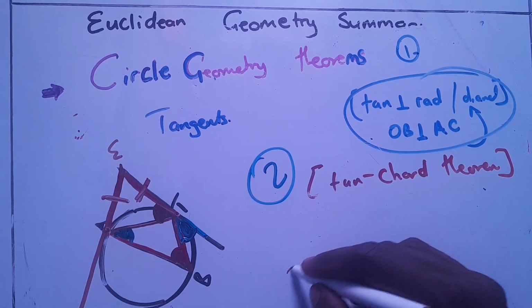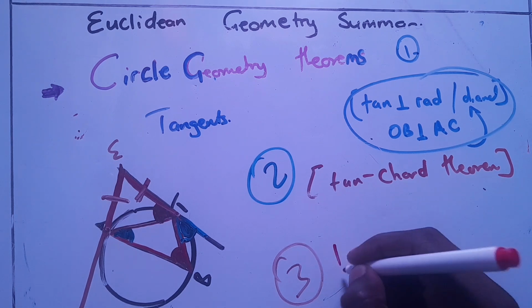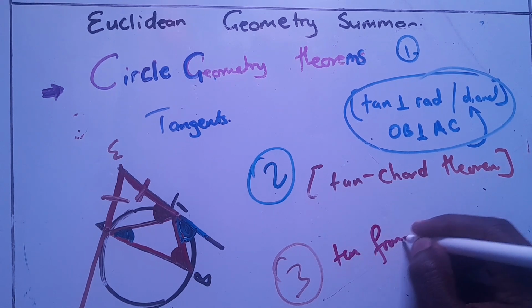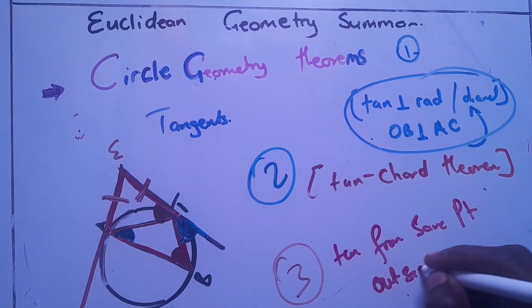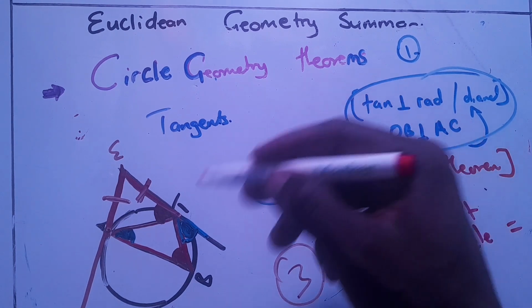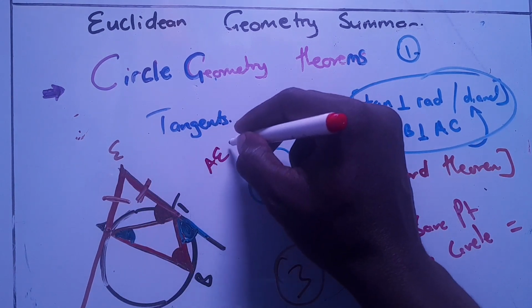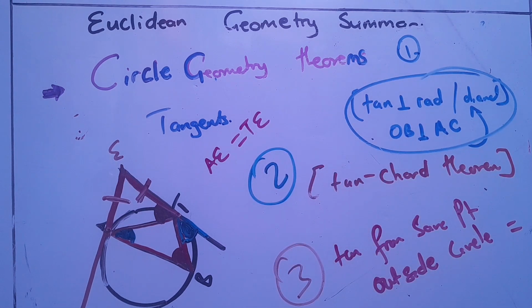Always check for this as well when you are given two tangents at the same circle. So we can say tangents from the same point outside the circle are equal, right? So it means that our AE will be equal to our TE, because tangents from the same point outside the circle are always equal, right?